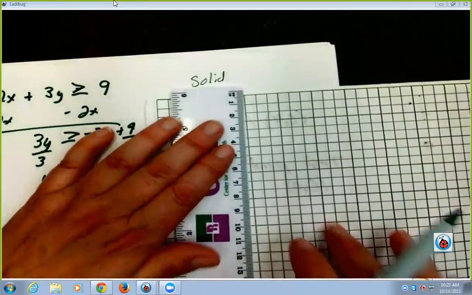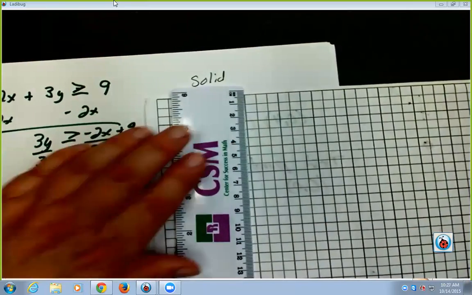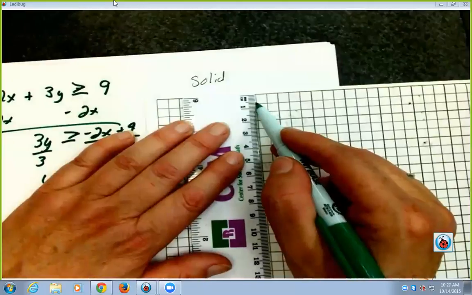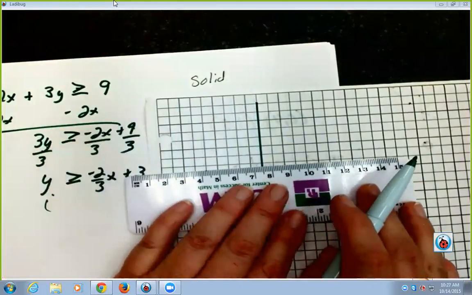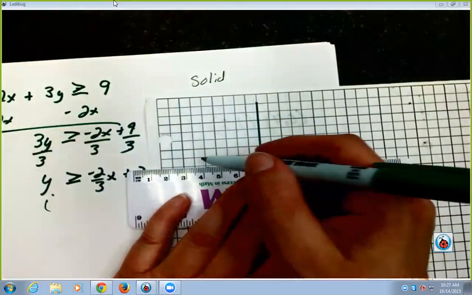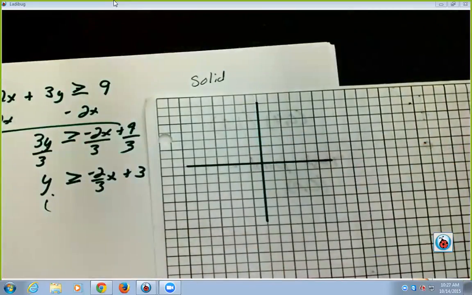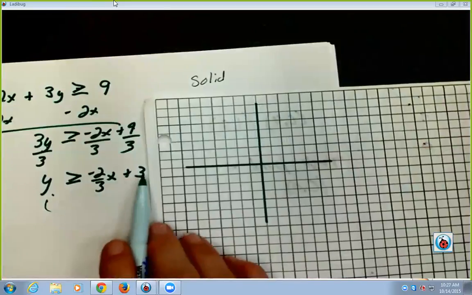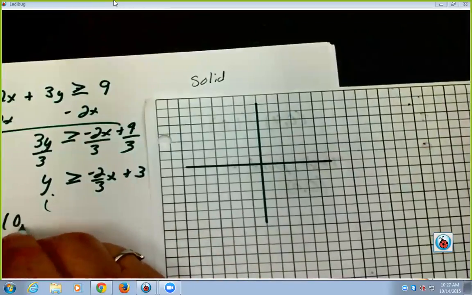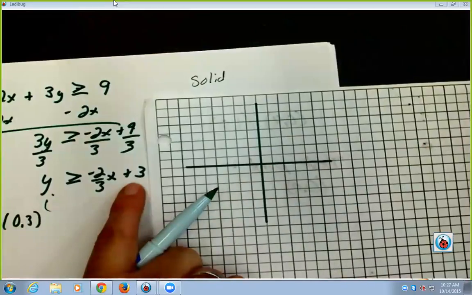So let's see here what we end up with. Now Hawks will ask you sometimes for slope-intercept form, and it will graph from there, or it's going to ask you for points, so we can find some points in here. So we've got 1 point: 0, 3, because that's my y-intercept.